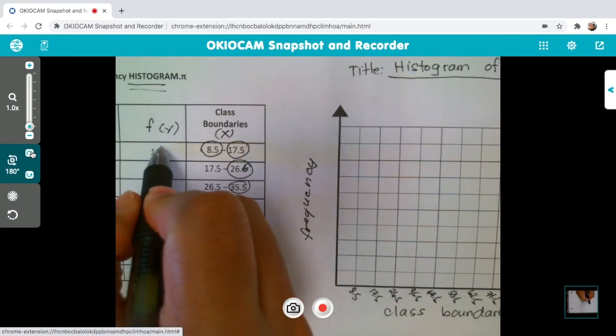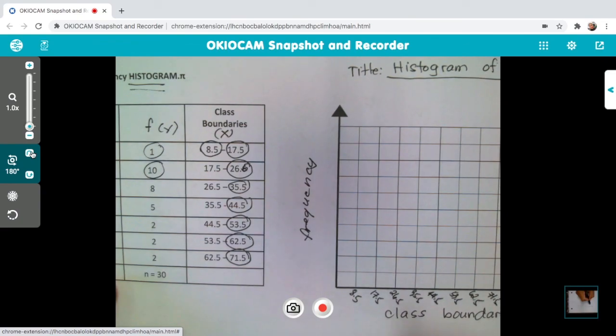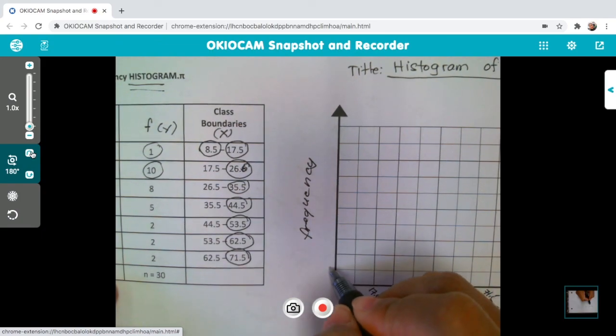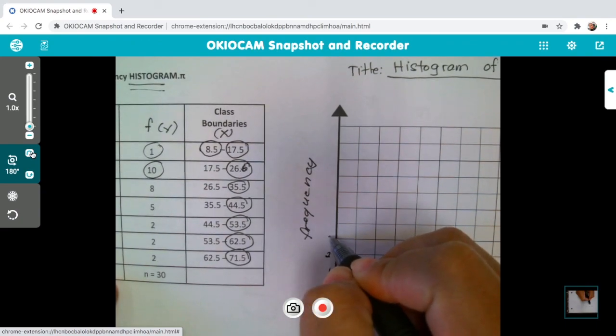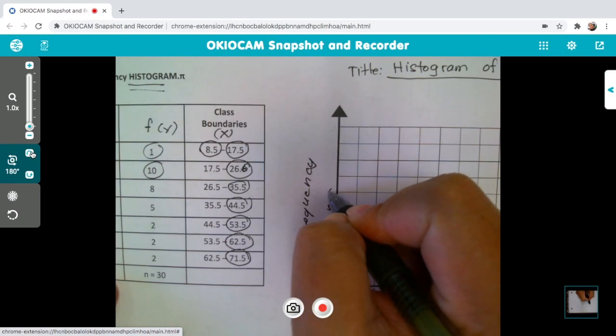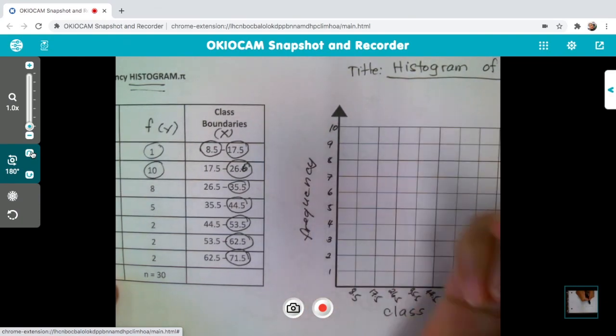Now, I want you to look at the frequency. The lowest is 1 and the highest is 10. So if you want to make an interval of 1, 2, 3 up to 10, that is fine. But if you want to use like 2, 4, 6, 8, 10 for as long as the interval is consistent, but I prefer an interval of 1. So this is 1, 2, 3, 4, 5, 6, 7, 8, 9, and 10.